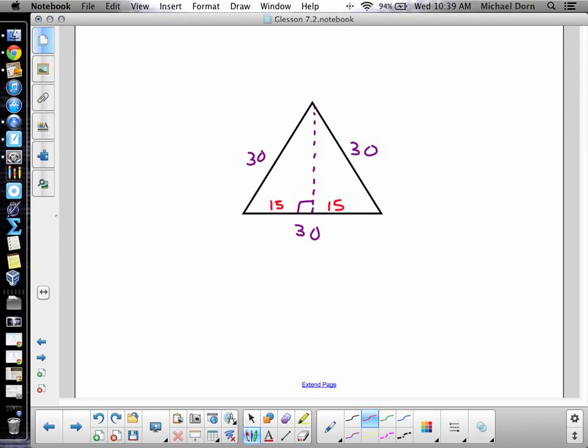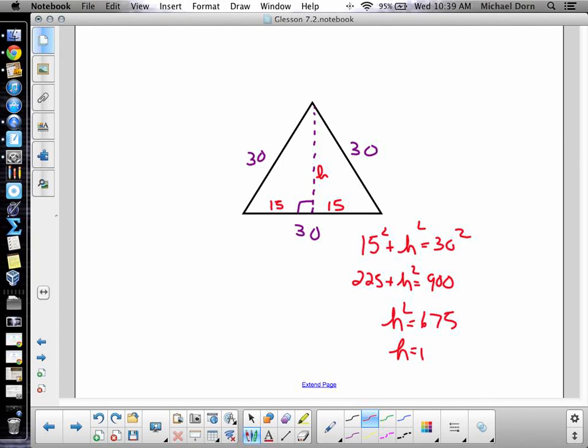So I have to find this height. That would be 15 squared plus the height squared is 30 squared. So that's 225 plus h squared is 900. So h squared is 900 minus 225, which is 675. So h is the square root of 675.